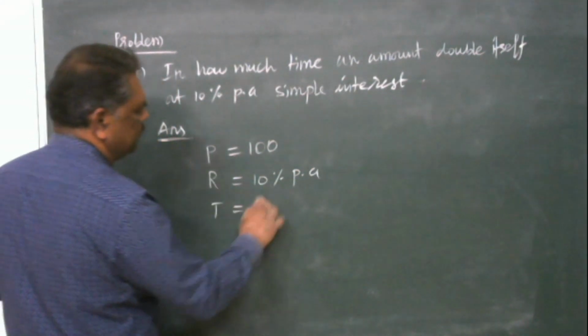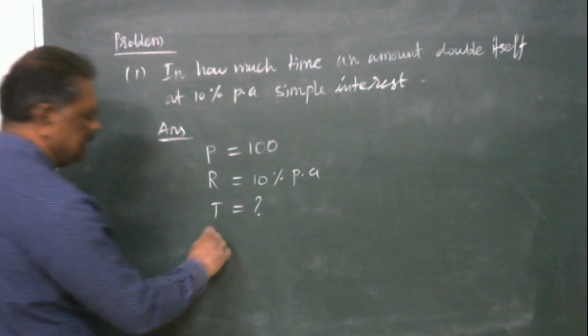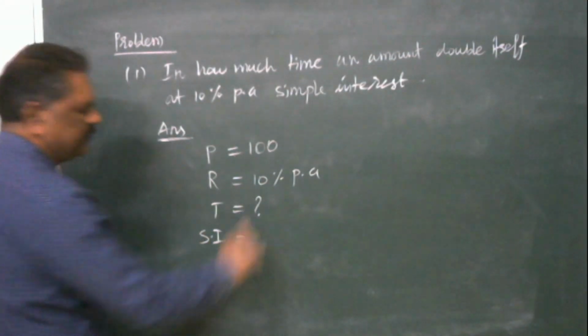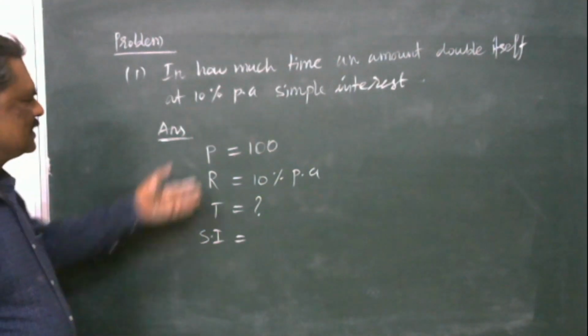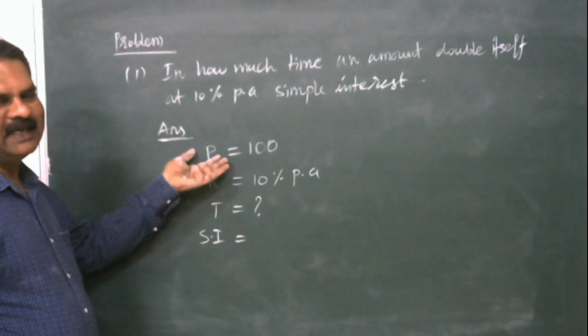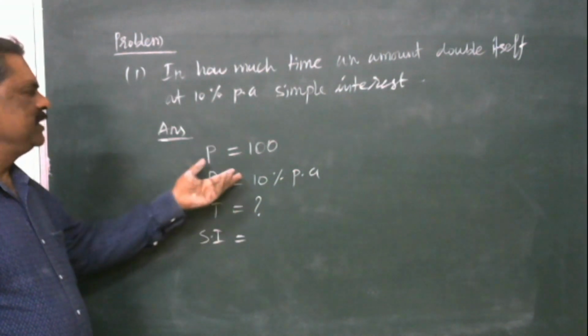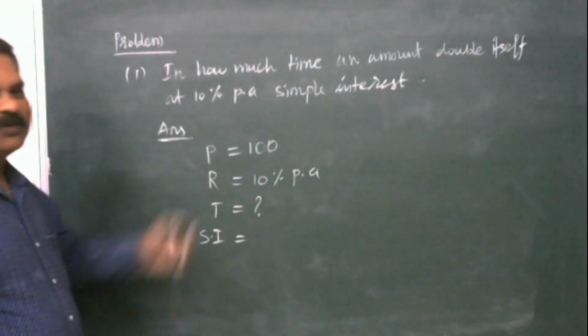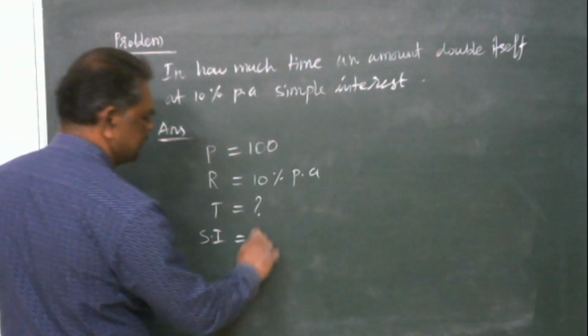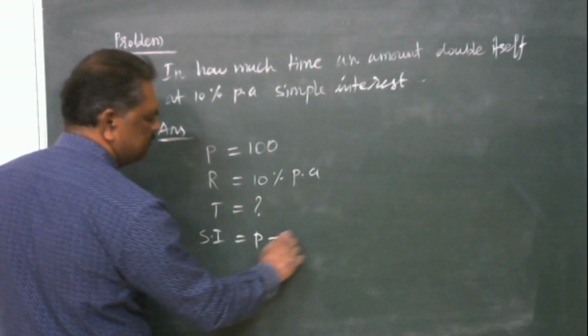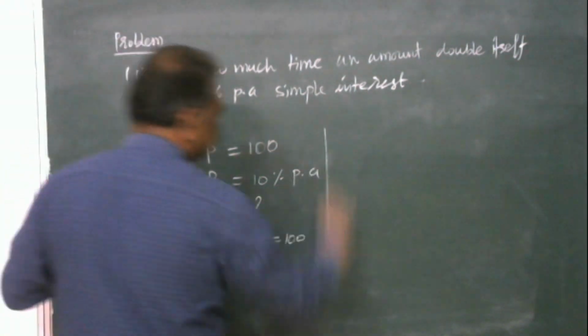Time we need to find out. But simple interest is given. For the amount to become double, interest plus principal together will become double, meaning the interest is equal to the principal P. So SI is also equal to P, taking 100 rupees here.